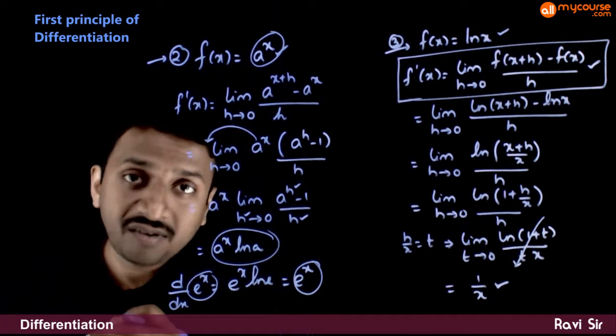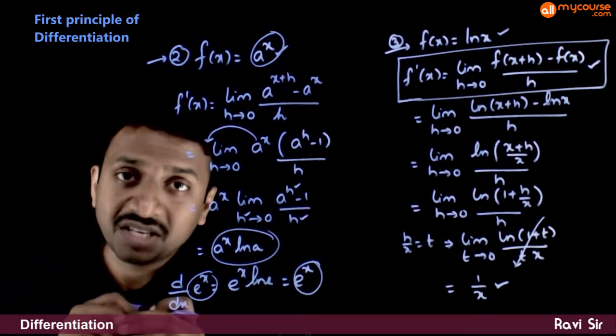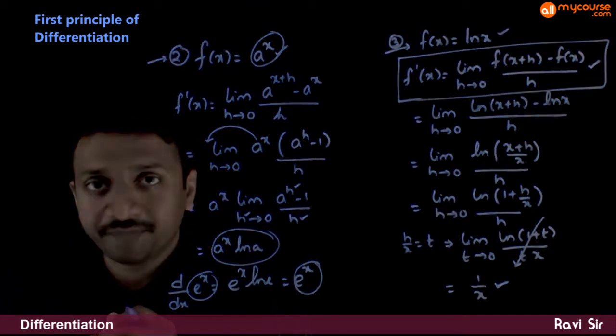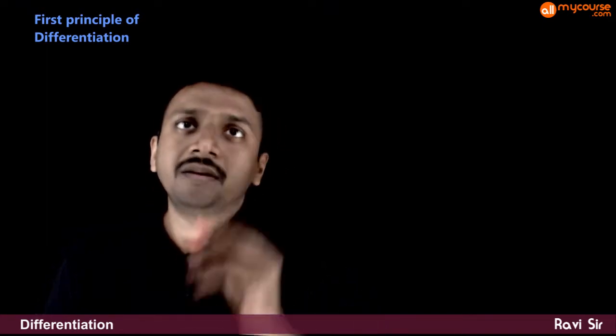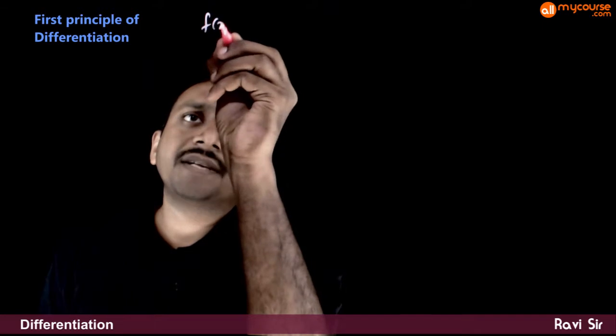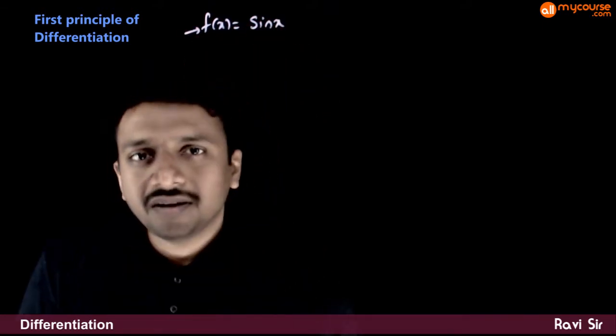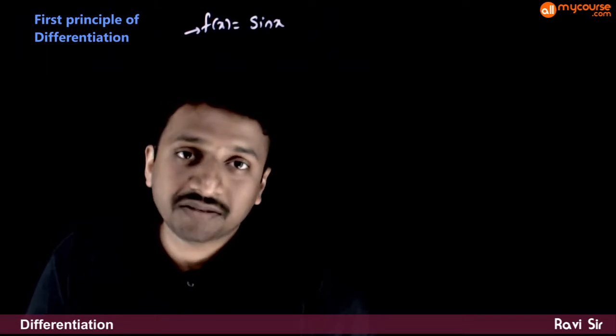Now let us try to derive the differentiations of trigonometric functions also using first principle. So let us differentiate some trigonometric functions using the first principle. If you take f(x) is equal to sin x, you want the differentiation of sin x.